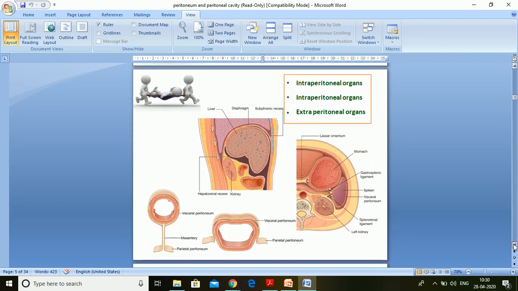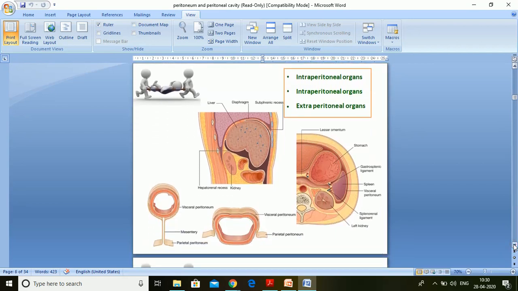So the intraperitoneal organs, we classify the location of the organs into three types based on its location. If it is located within the peritoneum, it's called intraperitoneal organs. The peritoneal cavity will be divided into a number of compartments, the supracolic compartment and infracolic compartment.